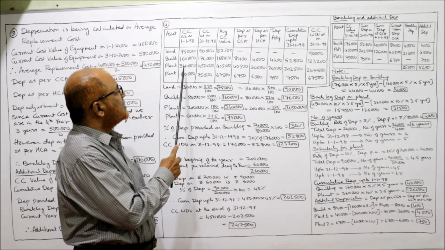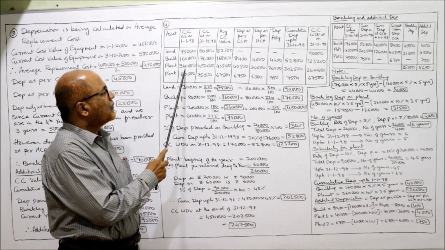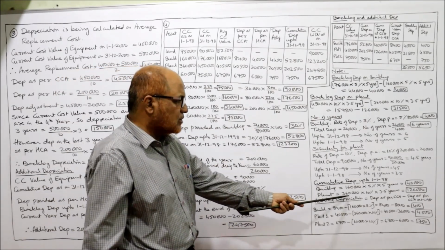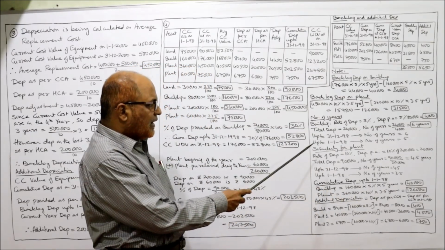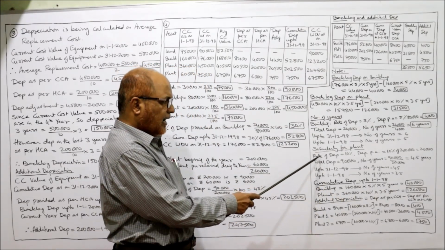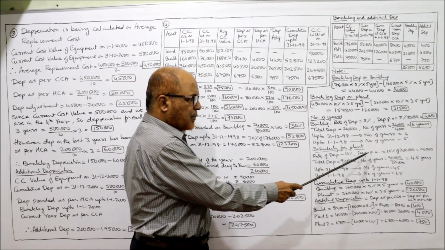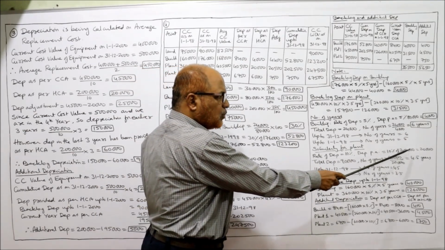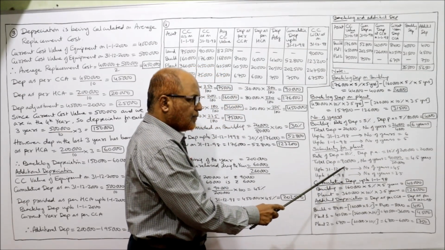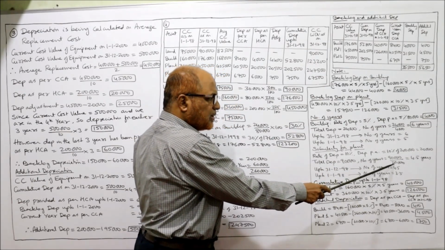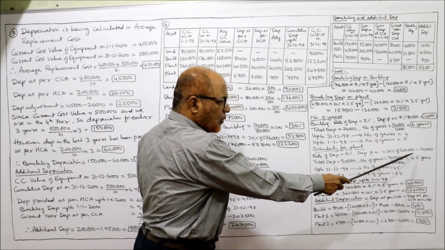3,60,000 is the opening value of plant. Opening value of plant 3,60,000 into 10% into 3.5 years. How 3.5 years? Here, the rate of depreciation is 10%. Depreciation per annum, 10% of 2 lakh, is 20,000. And total depreciation provided 90,000. The number of years, 90,000 by 20,000, 4.5 years.